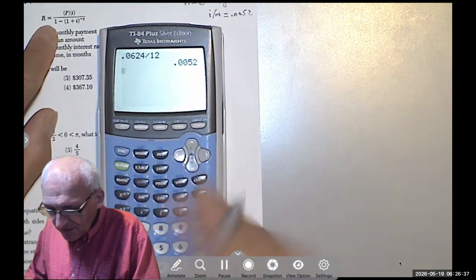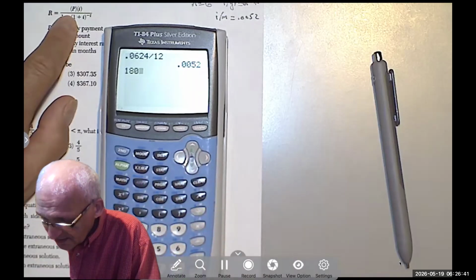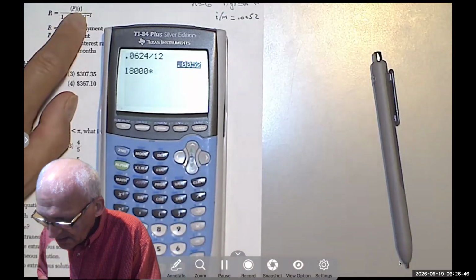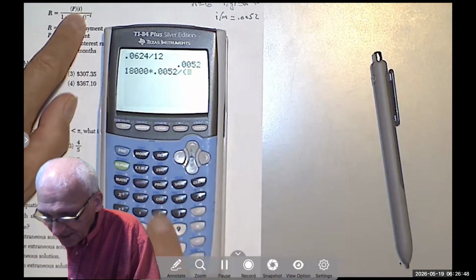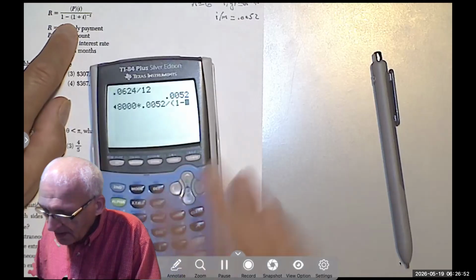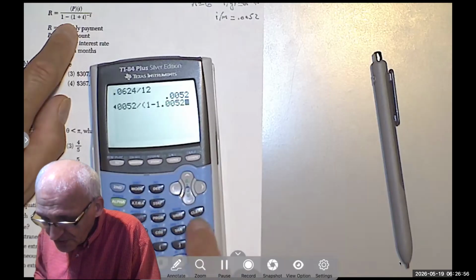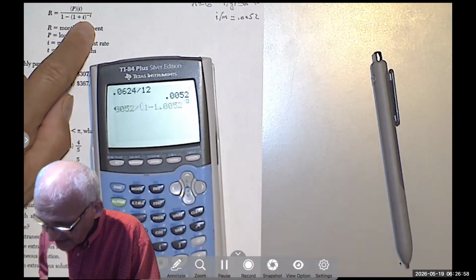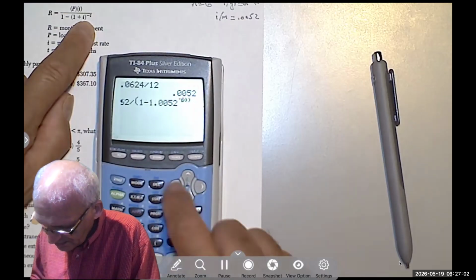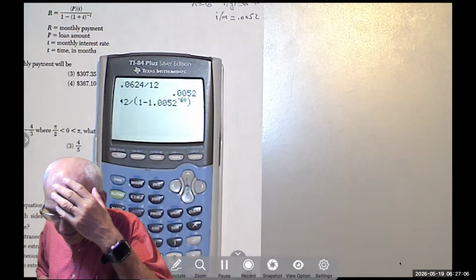Okay, so now I have to use the equation to say P, which is 18,000 times I divided by, and I open parentheses, 1 minus 1 plus I is 1.0052 raised to the power of negative 60, right? Oops. That should be it, right? Yeah.